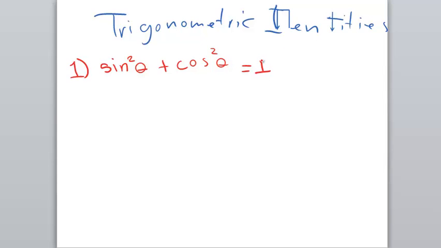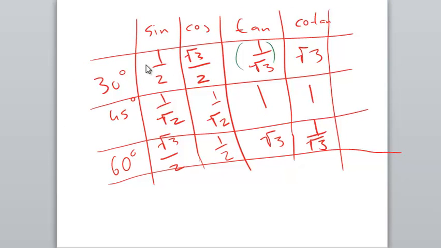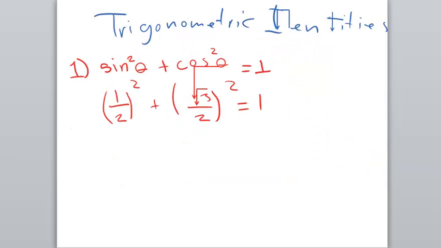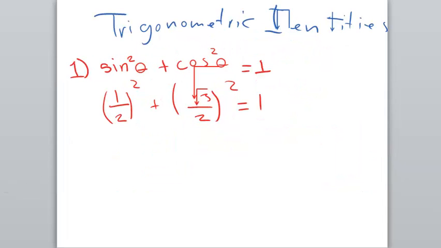So for example, (1 over root 2) squared plus (root 3 over 2) squared is equal to 1. So what was 1 over root 2? 1 over root 2 was sine 30, and cosine 30 is root 3 over 2. Is it true?